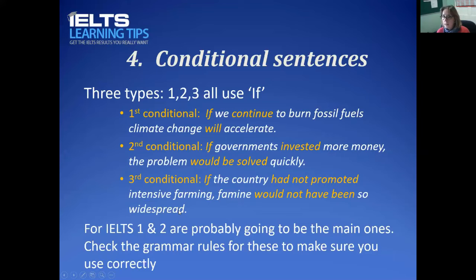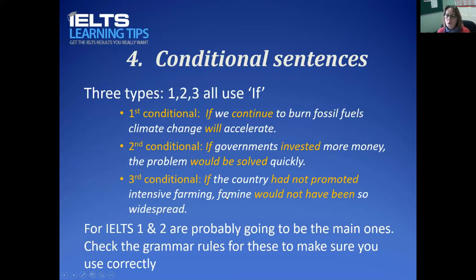So it's too late to change this. That is why it's probably less likely that you'll be using third conditional. But there may be a case for using it, and it does produce a really nice complex sentence. So if here plus past perfect plus would plus present perfect, and in this case it's negative.